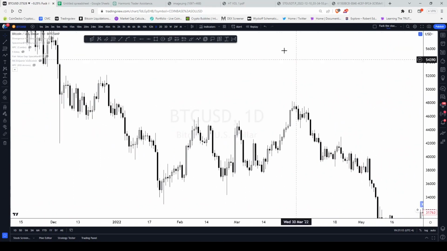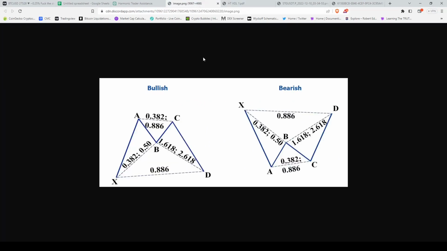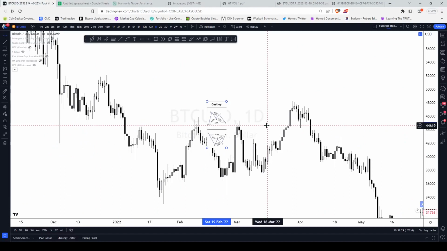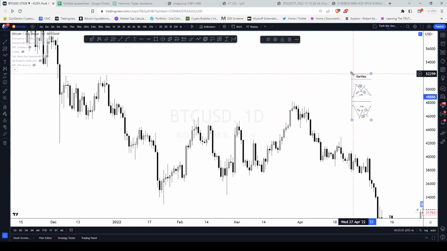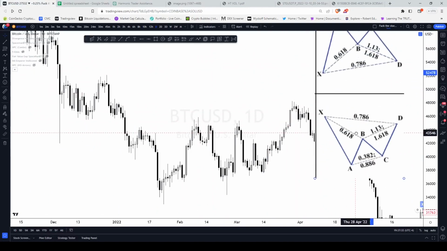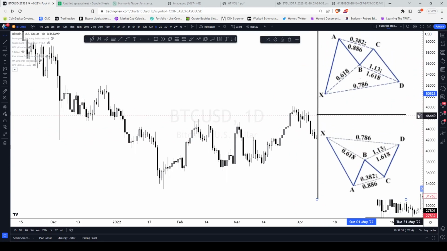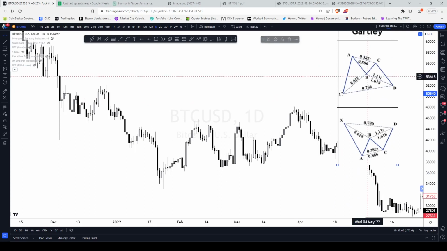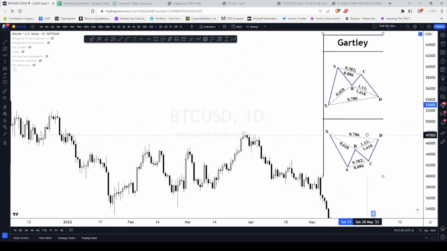So let's pull up that bearish Gartley pattern here for you. So I know it's a little blurry, but it'll work, okay? So your bearish Gartley pattern over here.